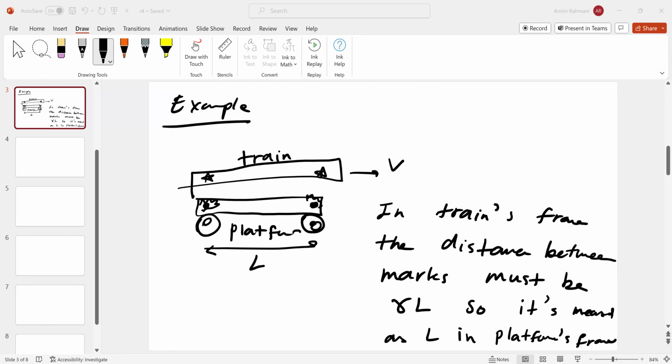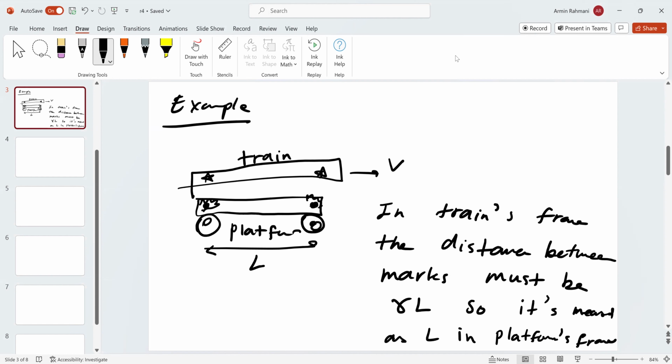Now, let's think about this story from the point of view of someone on the train. We're saying that the distance between the marks is gamma L, larger than L in the frame attached to the train, but the proper length between the paintballs is L, right?